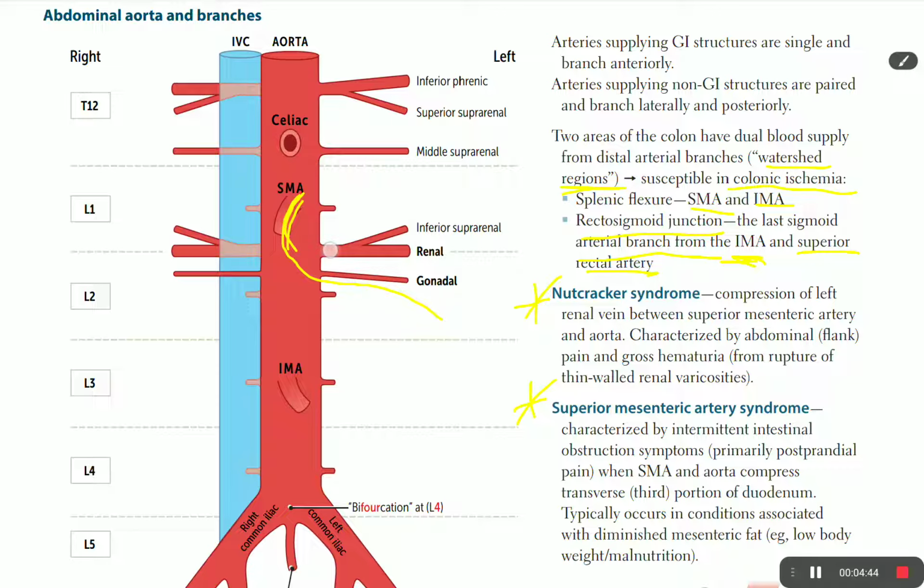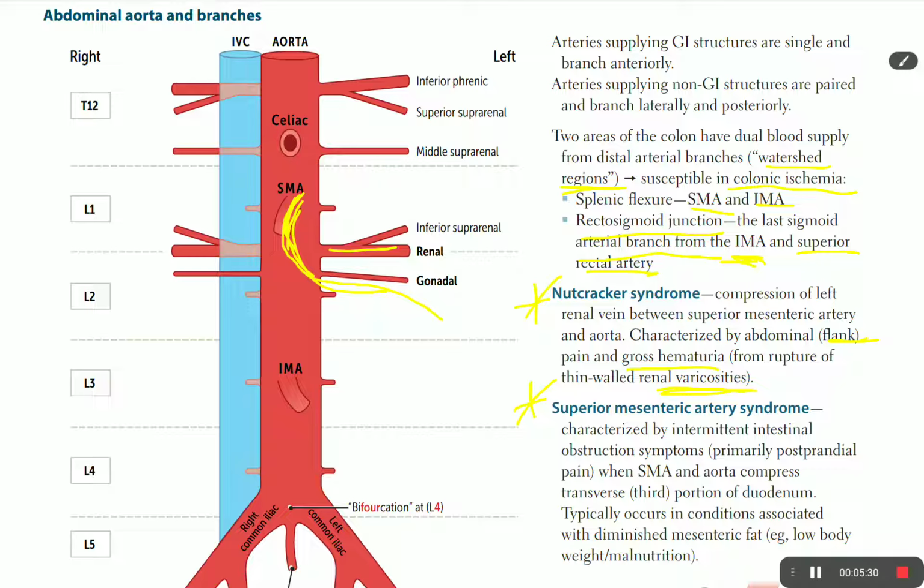Normally it doesn't give any compression, but in genetic defects or in children, there is a course of the superior mesenteric artery just near the renal vein that compresses it between the superior mesenteric artery and the abdominal aorta. That makes abdominal pain from the flank and gross hematuria because of rupture of the thin wall of renal varices.